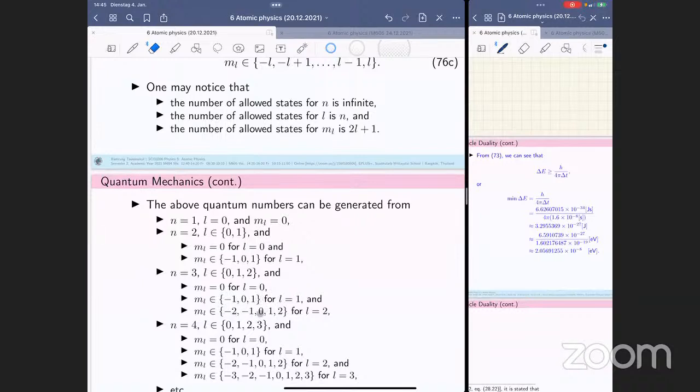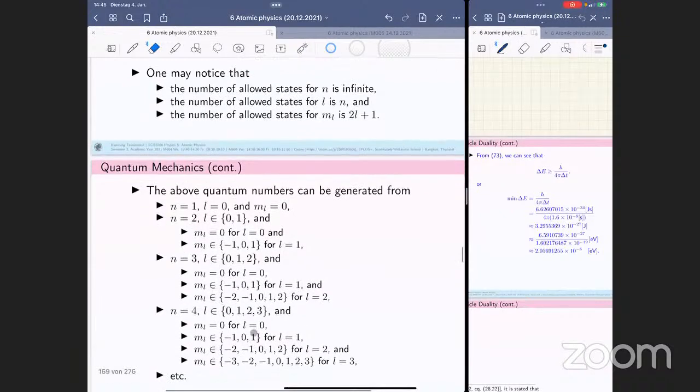So the number of elements here is 5, and that's why we say 2L plus 1, because our L is 2. You just substitute L into this, you get 2 times 2 as 4 plus 1, remaining 5. And you could have here the number of possible elements in this set as 5. Okay, let's go further.